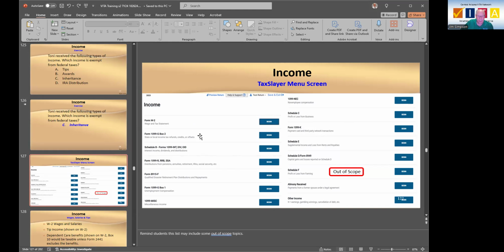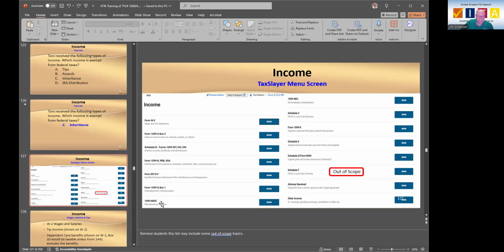Those could be income tax refunds or unemployment insurance. It could be a lot of things like that. Schedule B is where we put in interest and dividends. 1099-Rs, RRB, and SSAs are retirement income: Social Security, pensions, annuities, things like that. Unemployment has its own 1099-G box here.